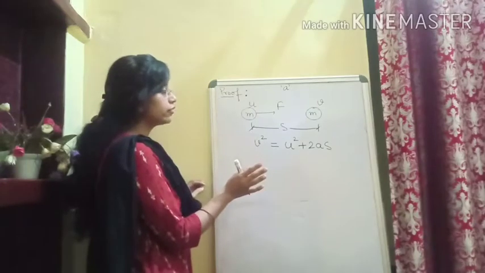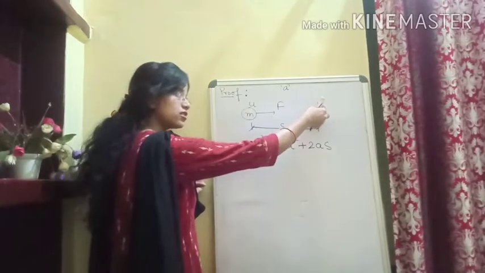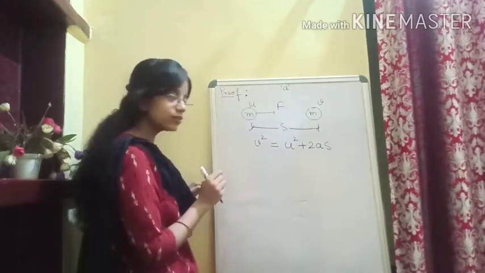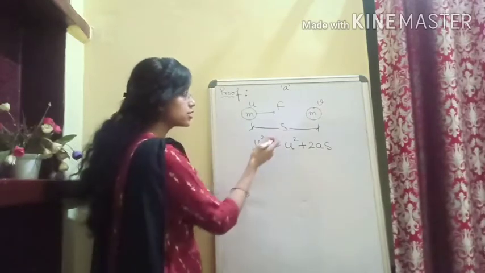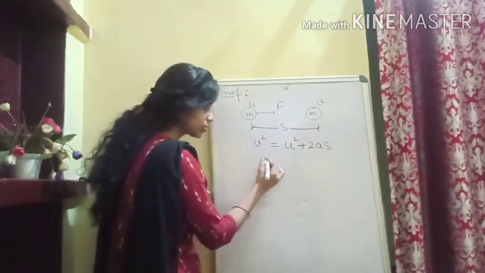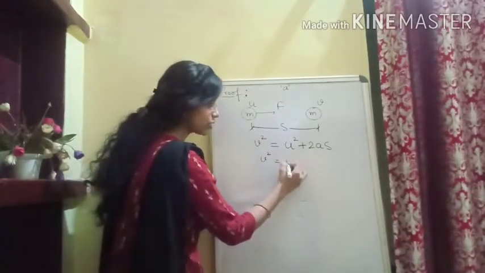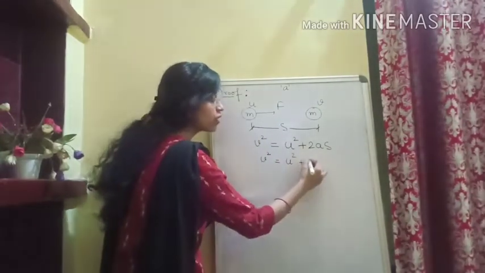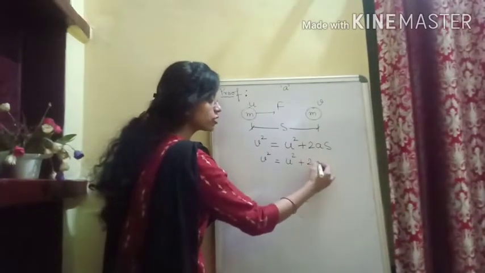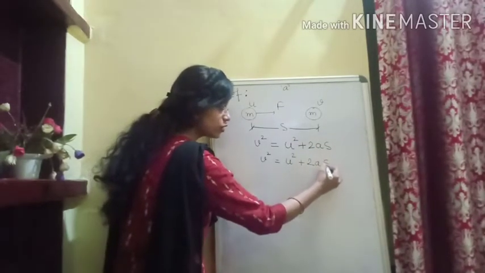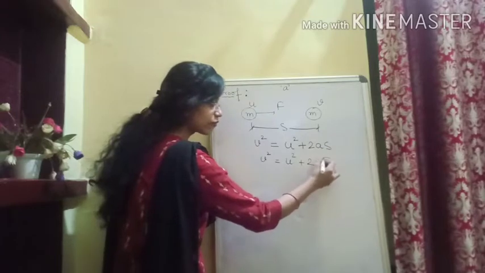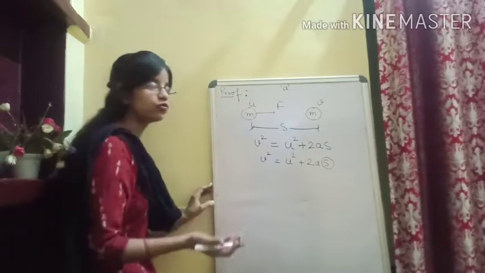The only difference is that here the final velocity is v and the initial velocity is u. The final velocity is already v, so we write v square. The initial velocity we have taken as u, so it will be u square, and 2a as it is, since we have taken acceleration a. Now keep in mind that here we have to calculate s. How to calculate s?